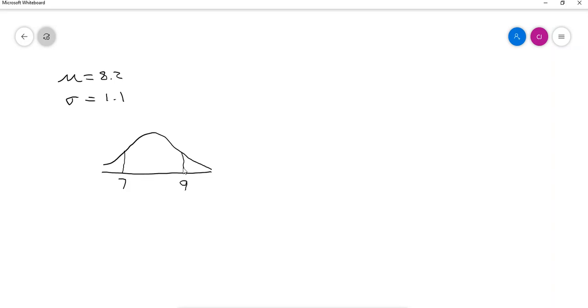So in essence, what I'm asking is, how much area is there in here? Well, we know the middle is 8.2, and the standard deviation is given. So finding the probability of a TV lasting between 7 and 9 years.